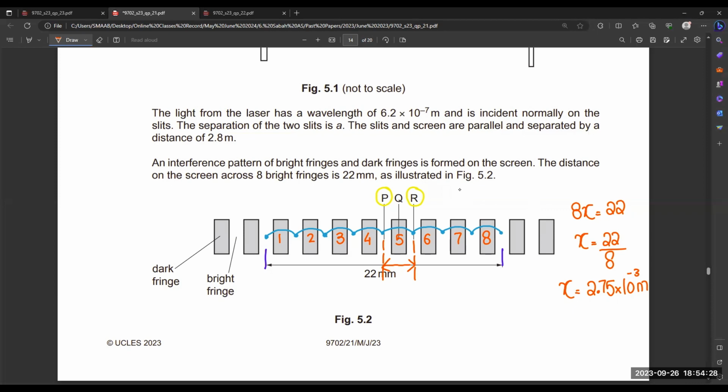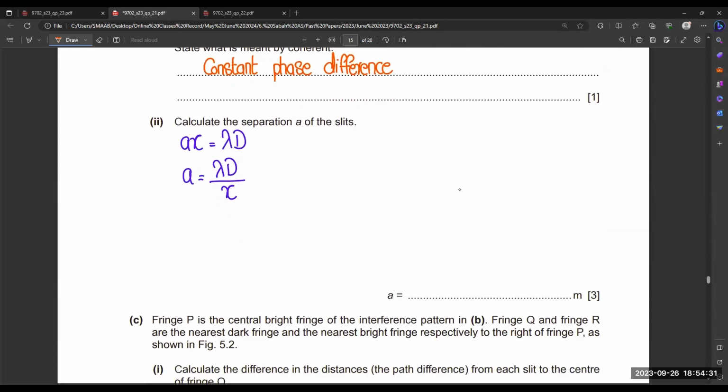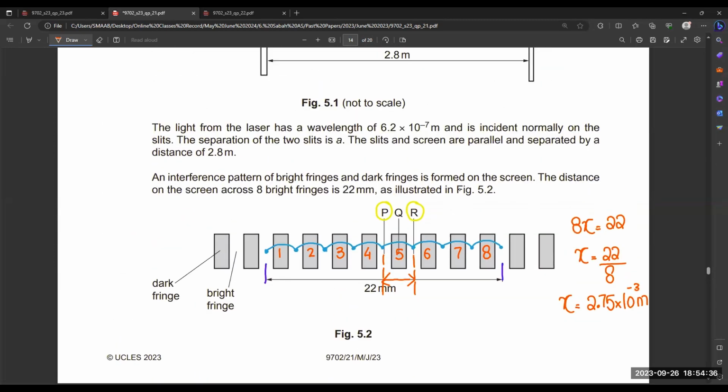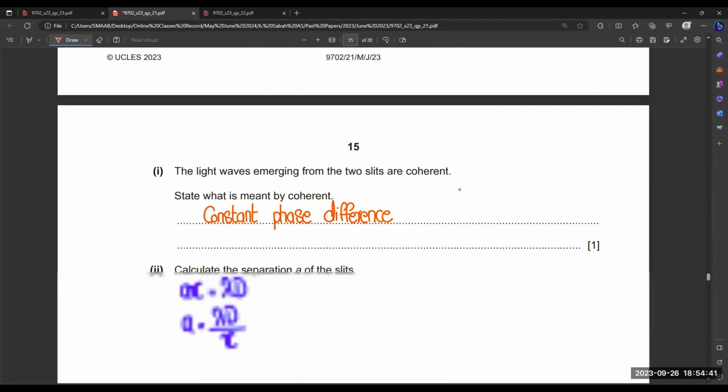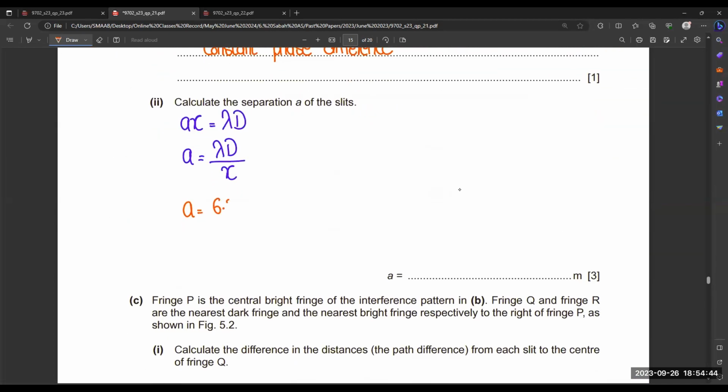So finally, we just substitute all the values. Lambda is 6.2, exponent minus 7. These are the values that you have to use for your calculation for the value of A.